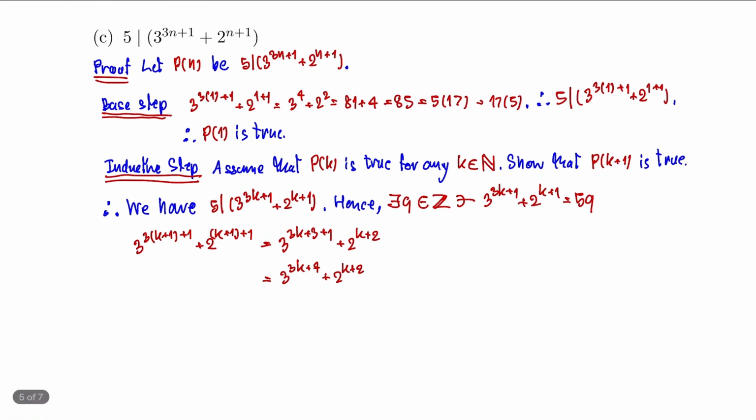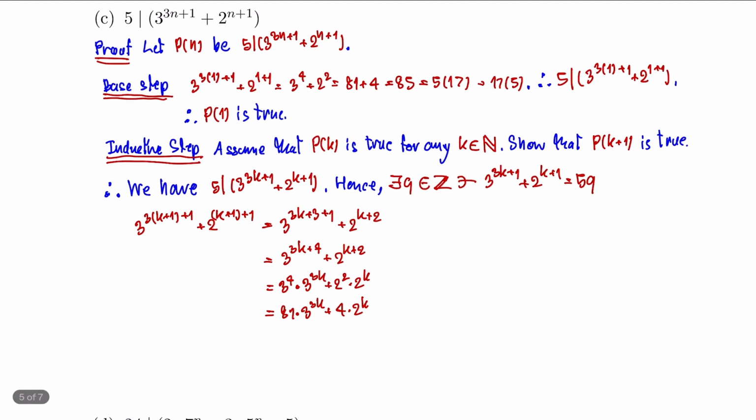The next thing that I want to do is to try to calculate this term and this term. So it turns out to be 3 to the 4 times 3 to the 3k plus 2 to the 2 times 2 to the k. 3 to the 4 is 81, plus 4 times 2 to the k. So what do I have to do? What do we need?